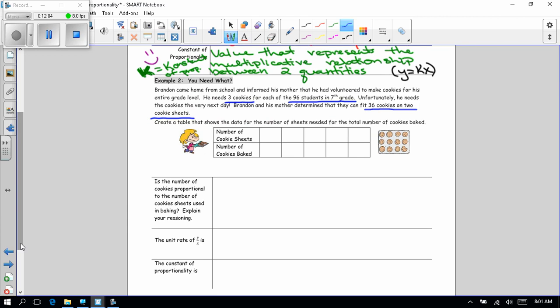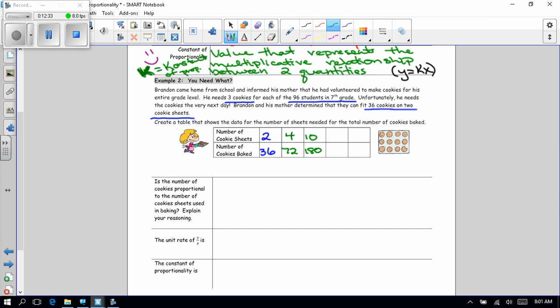So let's just go back to the original, right? 36 cookies on 2 sheets. 2 sheets, 36 cookies, right? Now we can just do some variations of those. So let's do what? 4 cookie sheets. They can bake 72 cookies. Let's suppose they use 10 cookie sheets. They would make 180, right?